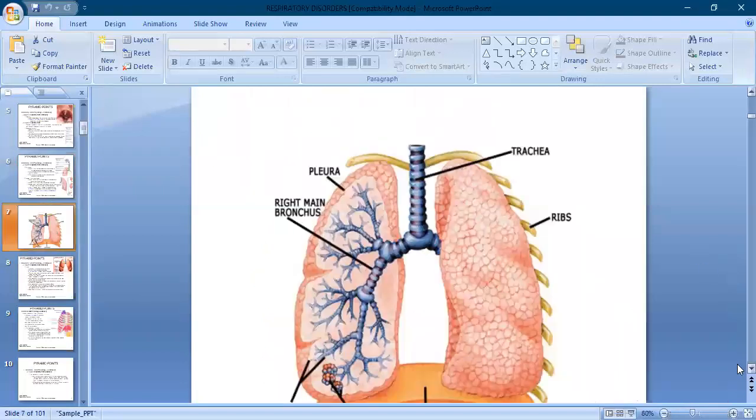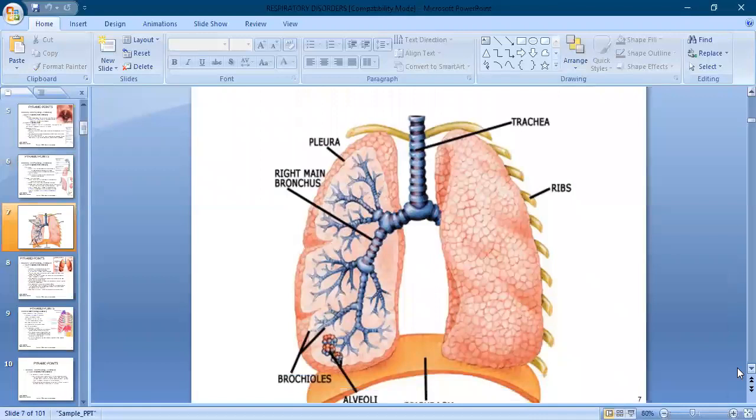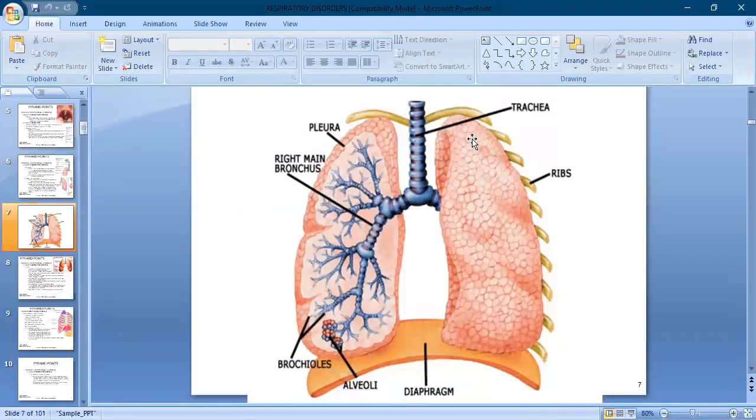And here in this picture, basically showing, you see, this is the trachea, then bifurcated, right and left bronchi, and then they again subdivide to every lobe. This is the upper lobe, middle lobe, lower lobe. So they bifurcate for lobes here, and finally these bronchioles end with the alveoli.